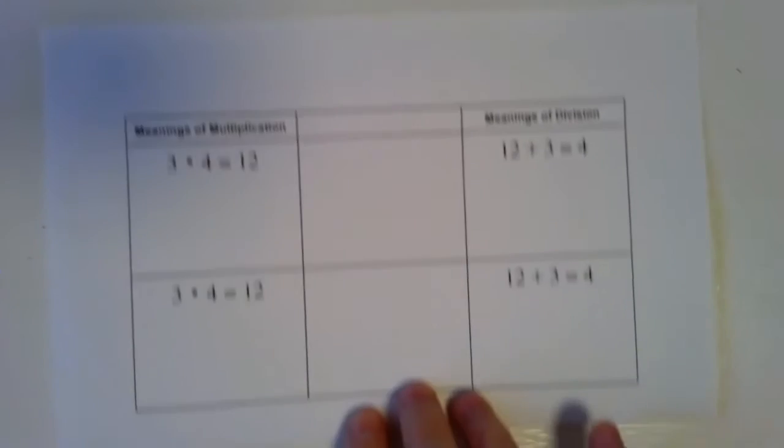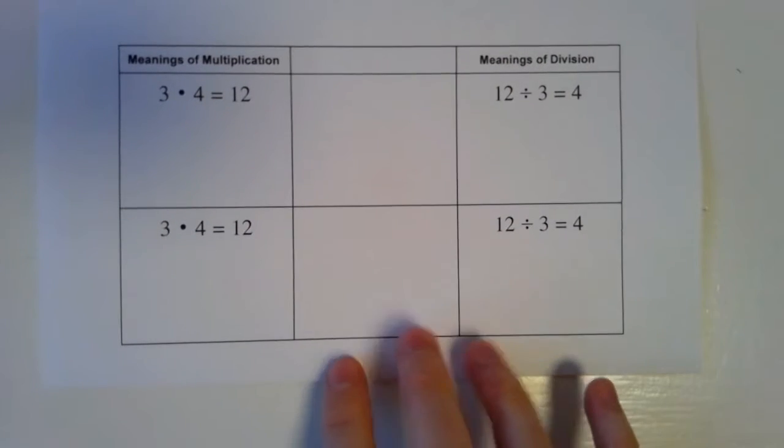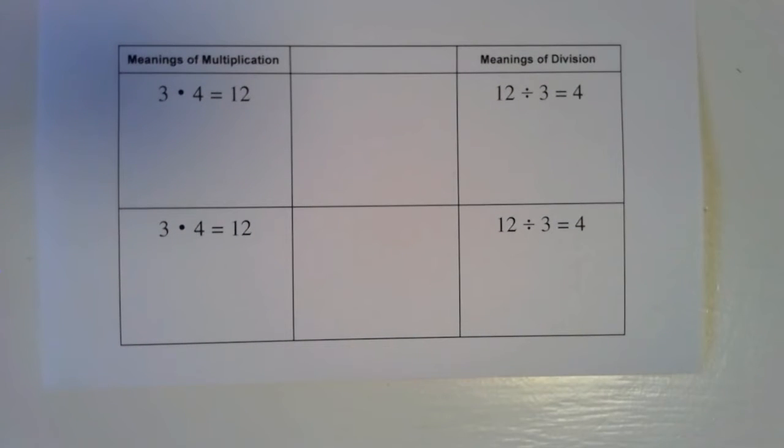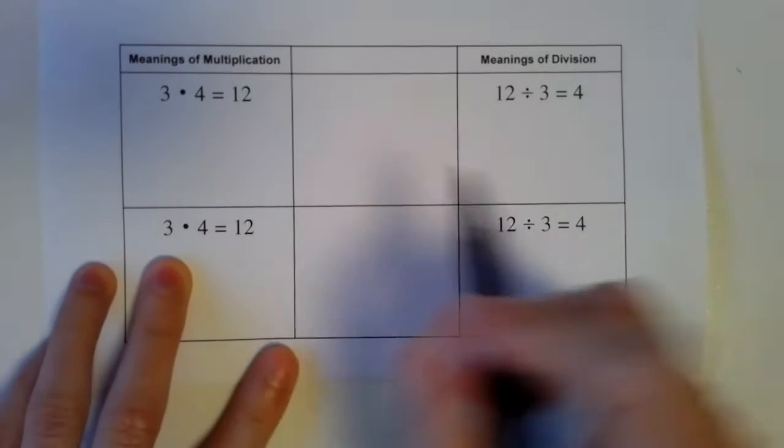So before we jump into Felicia's banana pudding recipe problem, we need to review some more meanings of multiplication and division. Aside from the area model, we have other ways to think about multiplication.